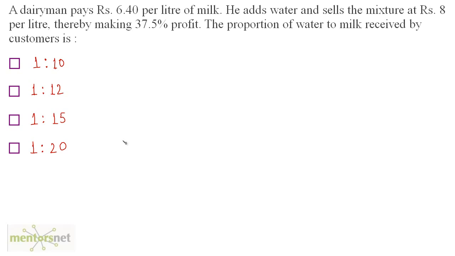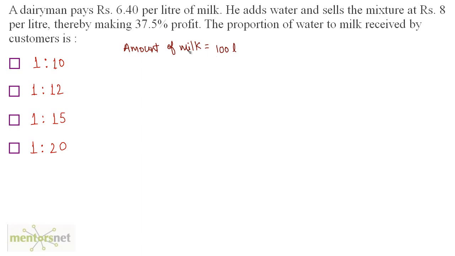A dairyman pays 6.40 rupees per liter of milk. He adds water and sells this mixture at 8 rupees per liter, thereby making 37.5% profit. The proportion of water to milk received by the customers is. First of all, let us assume that the amount of milk that this dairyman purchases is 100 liters, right?